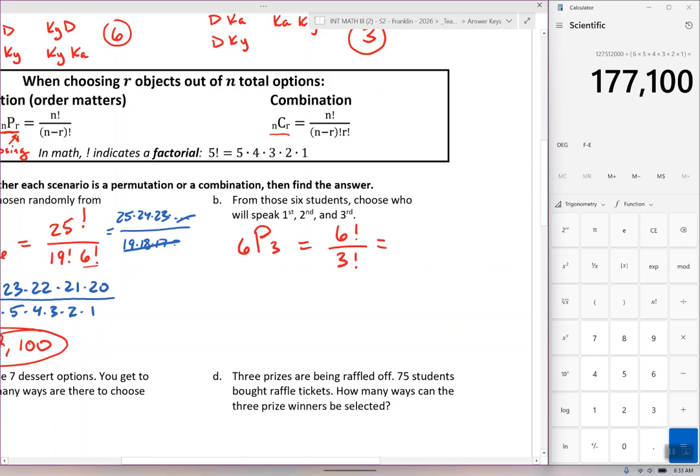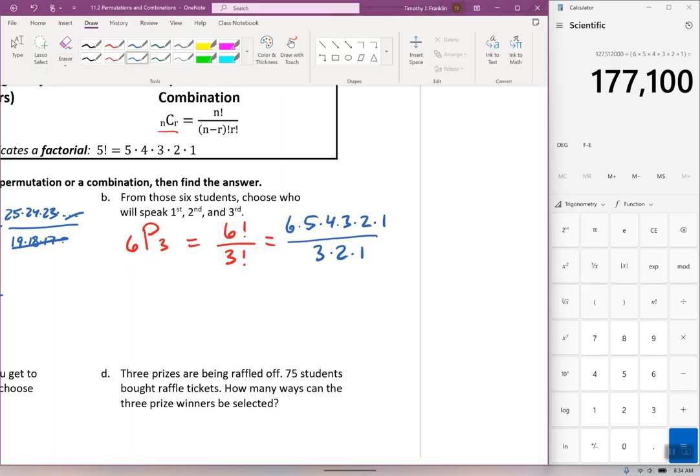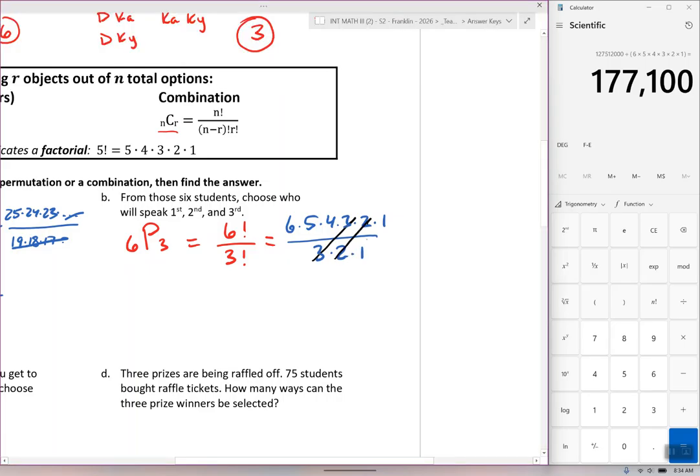A little easier to do this, we can do this by hand. And this might illustrate what happened earlier a little better. So we have 6 times 5 times 4 times 3 times 2 times 1, and then we have 3 times 2 times 1. So if you see what happens, the 3, the 2, and the 1 all cancel each other out.